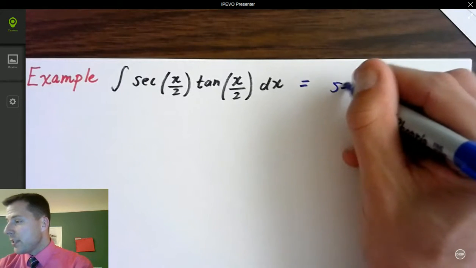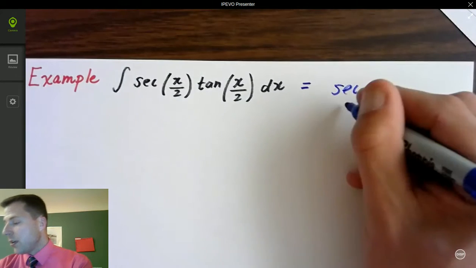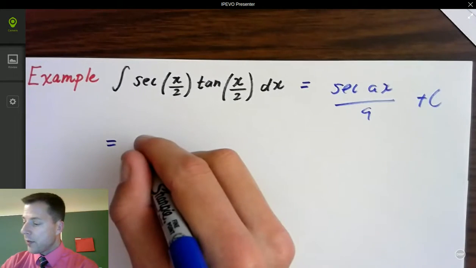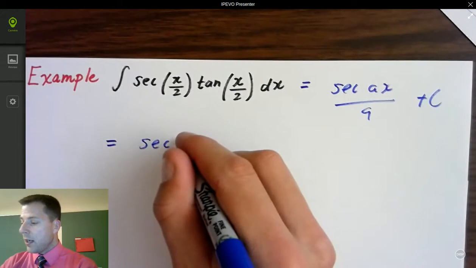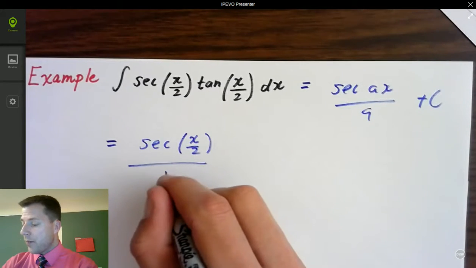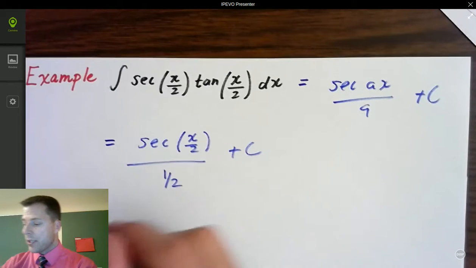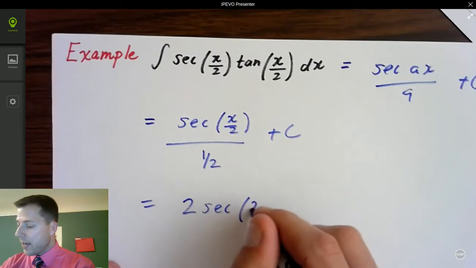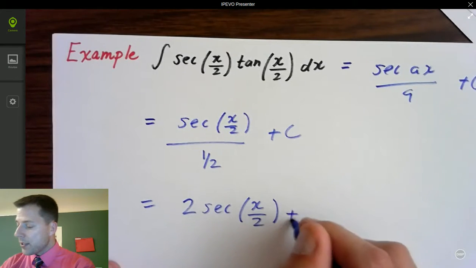So that's going to be secant ax over a plus c. Now, here's the thing. We plug that in, we're going to have secant of x over 2 divided by 1/2 plus c. So you can simplify that and put just 2 secant of x over 2 plus c.